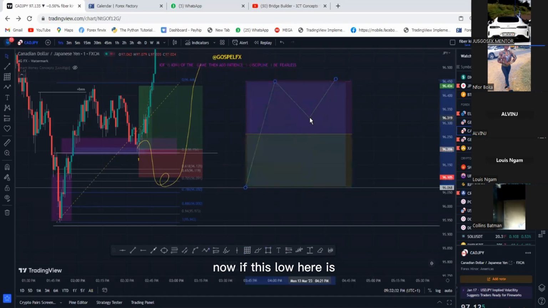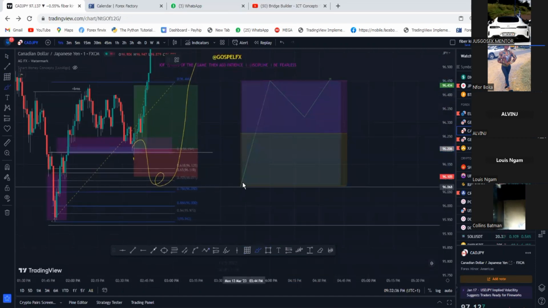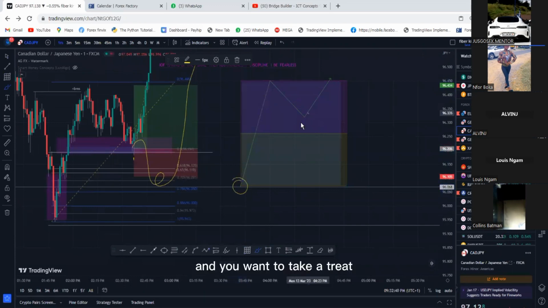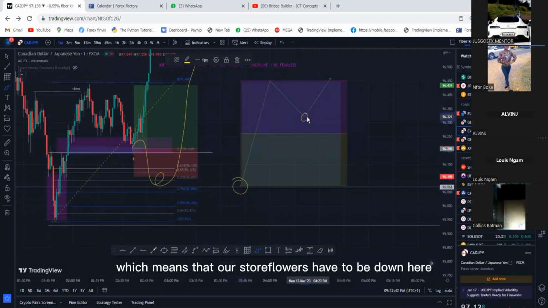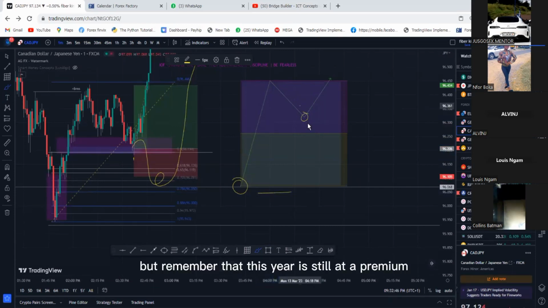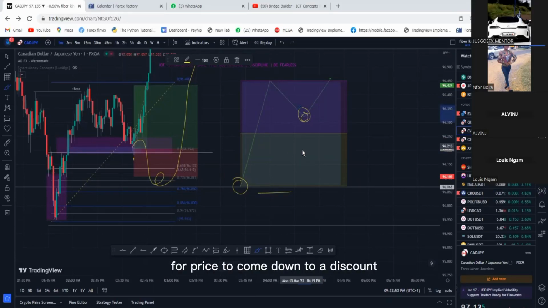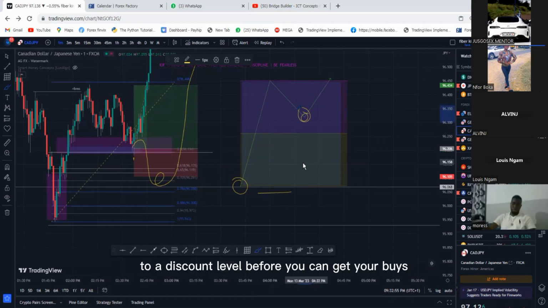Now, if this low here is your invalidation level, and you want to take a buy trade from here, suppose, it means that your stop loss has to be down here, right? But remember that this here is still at a premium. If you are buying here, you are buying very expensive, so you always want to wait for price to come down to a discount level before you get your buys.